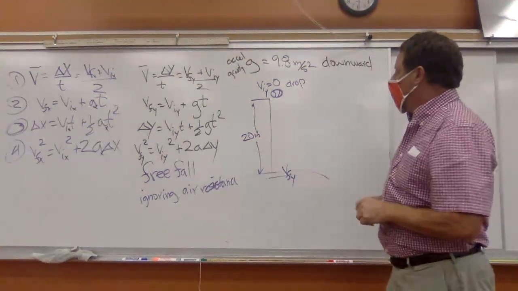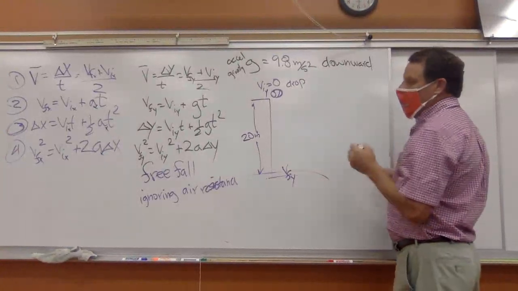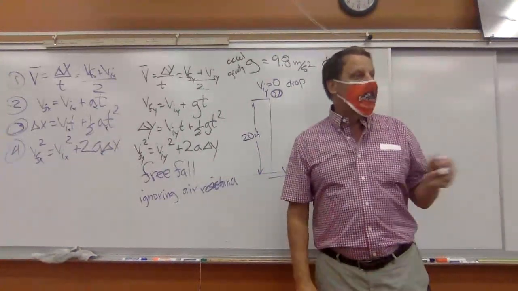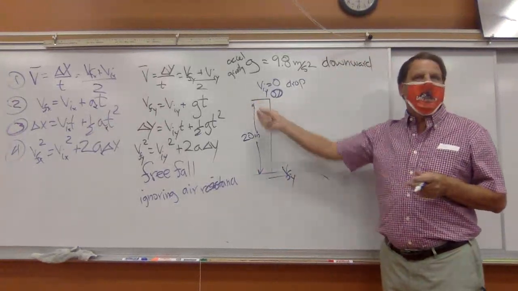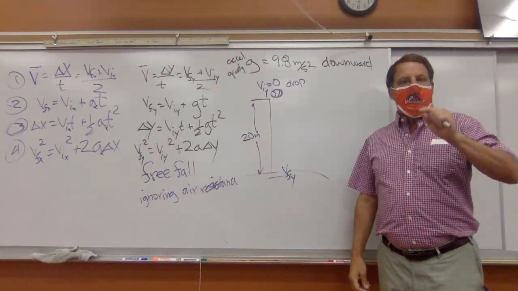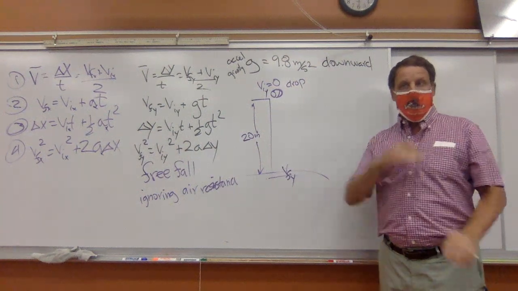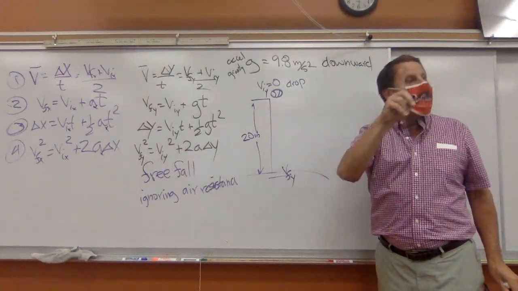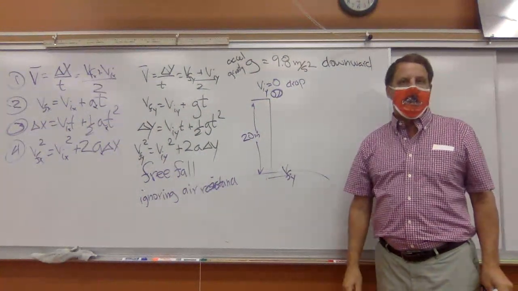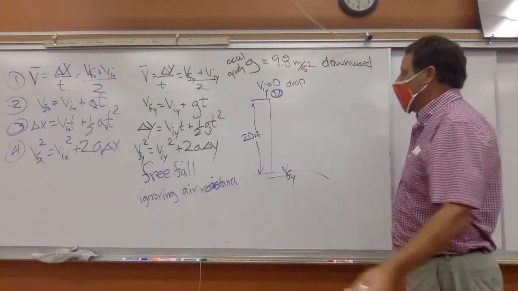All right, so it's very good in this process of doing problems to draw a picture, okay? Now, it becomes much more imperative to draw a picture as we move forward, okay? It's not quite as apparent when we're doing one-dimensional kinematics.